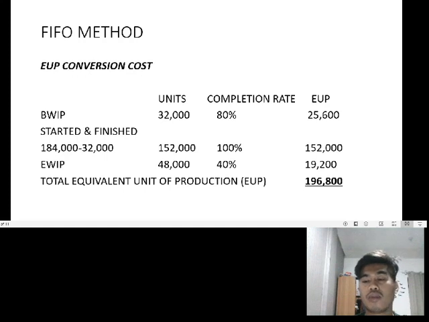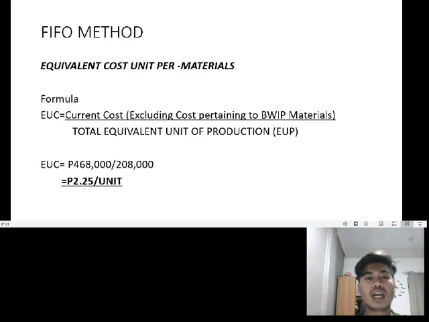Yung per unit na siya. So again, kung FIFO method, hindi natin kailangan isama yung cost ng beginning work in process. See, if we're talking about equivalent unit cost, or equivalent cost per unit for materials, we need to get the cost of materials for the current period lang. So, i-exclude mo yung beginning work in process of materials.